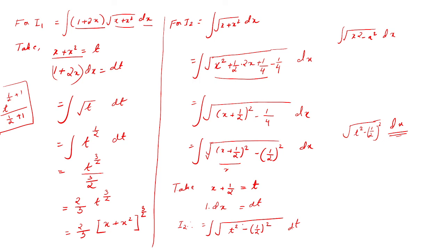So this is what we're getting, and this is the same thing as x squared minus a squared, so we'll make use of that formula. I'll just write it again over here: t squared minus 1 by 2 the whole thing squared dt. I'll directly use that formula.